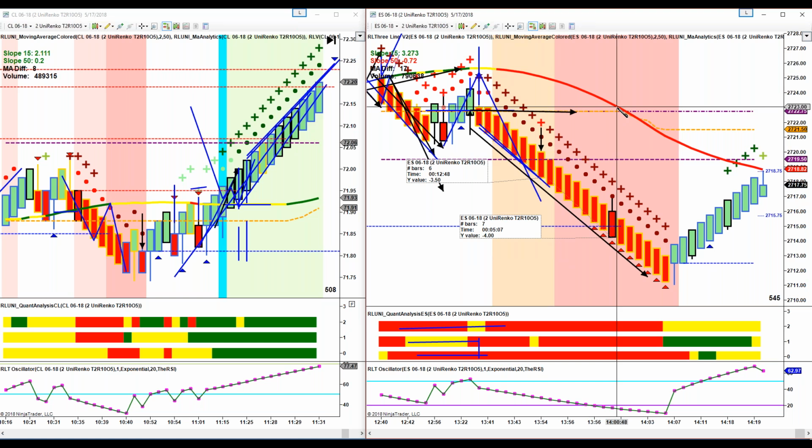And we can see, now in real time, we did lose the 3 line. So we don't have the 3 line, so it's no trade. But you're 7 points off the 50. So you're just not going to take that trade. It's too oversold to think you're going to move.